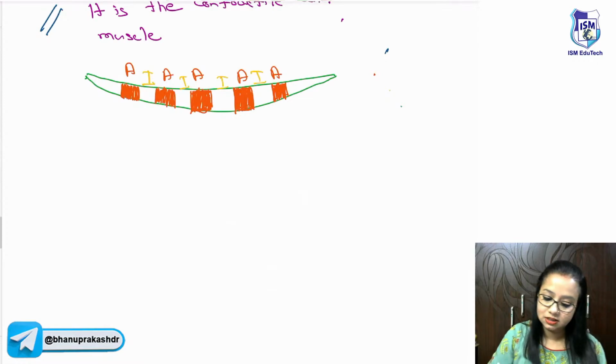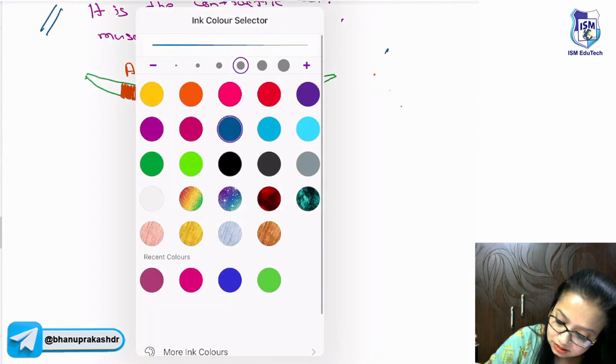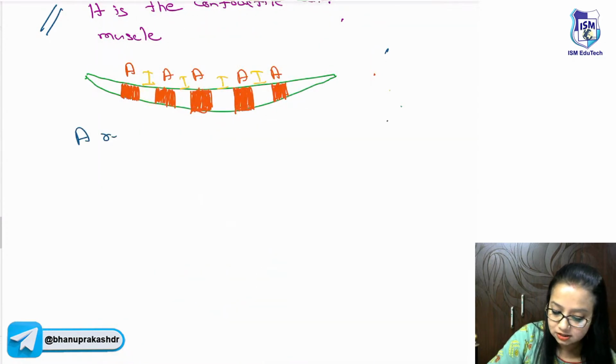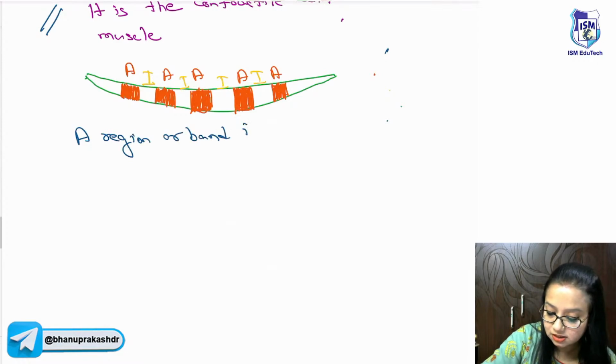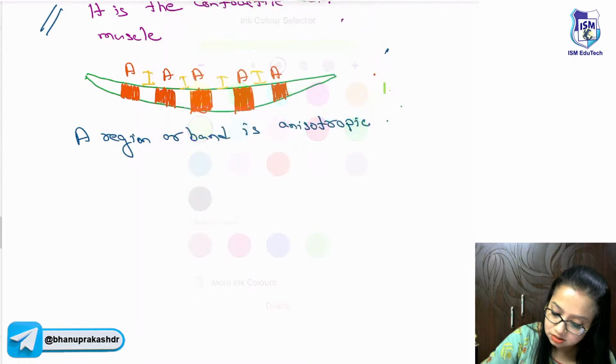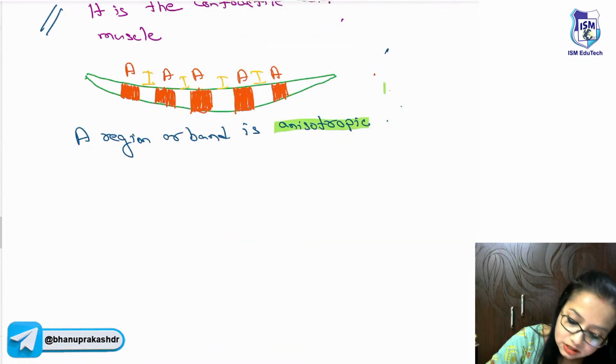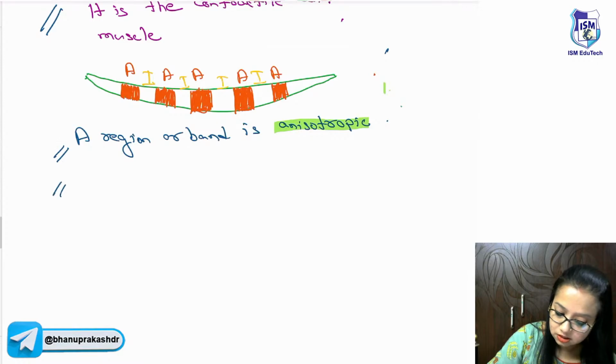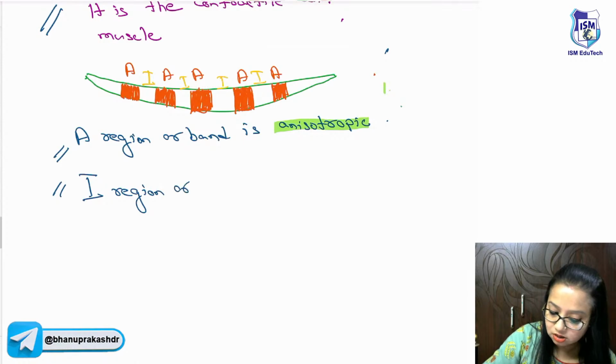Here this A region or band is anisotropic. Okay, anisotropic. Whereas the I region or band is isotropic.